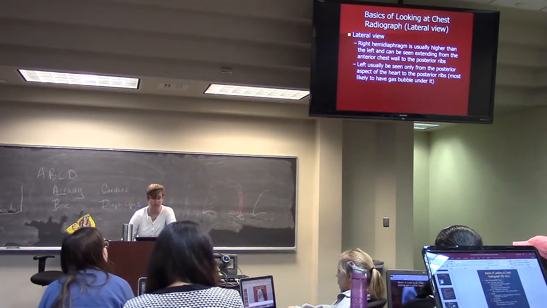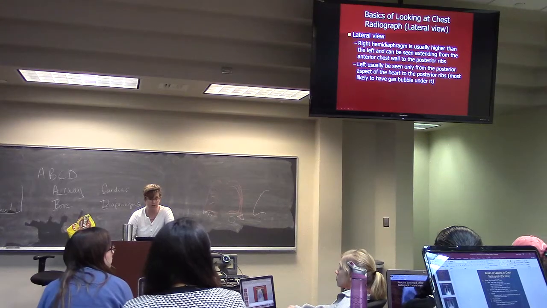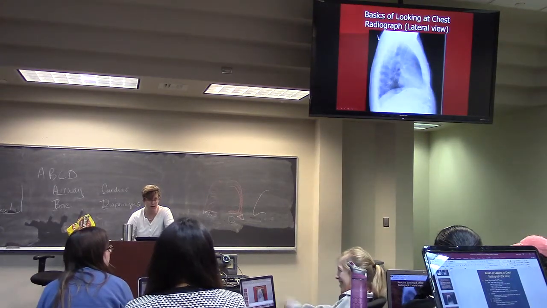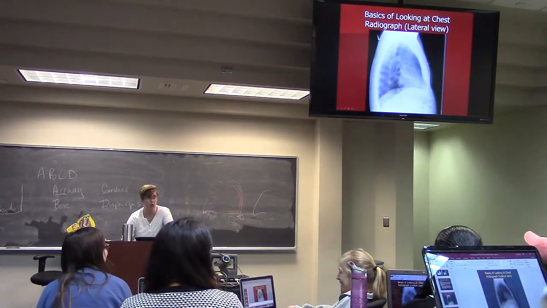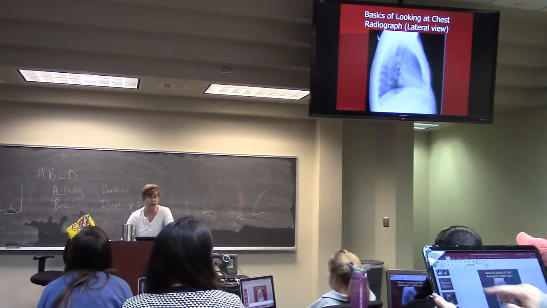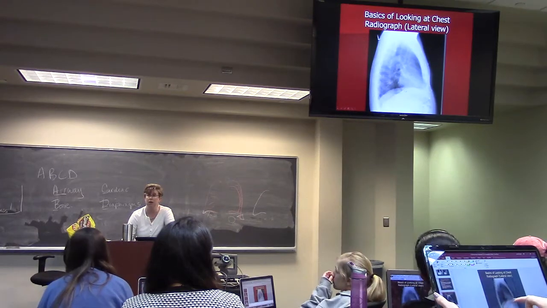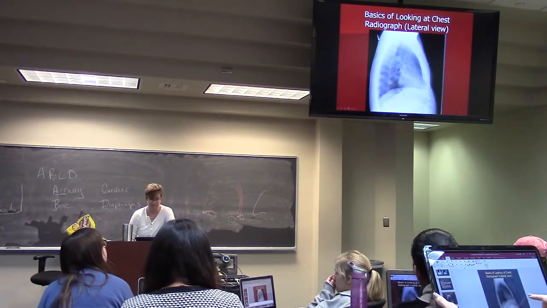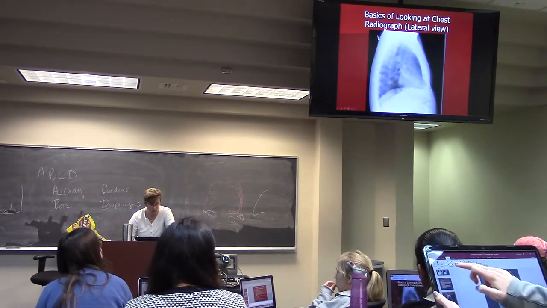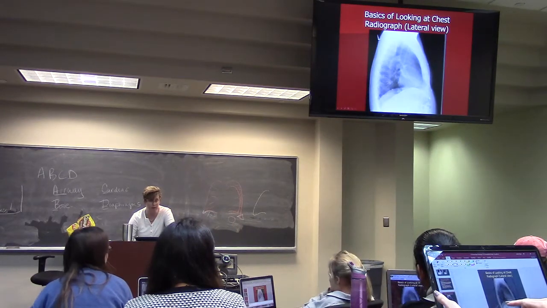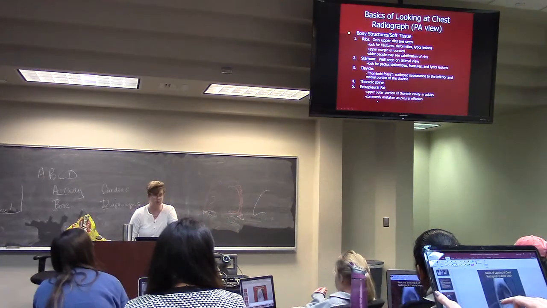Anterior chest wall to the posterior ribs. This is the right, this is the left. It's hard to tell on this one, because there's not one that sticks way up. All the way from here, and this one looks like it's coming from the back of the heart here.